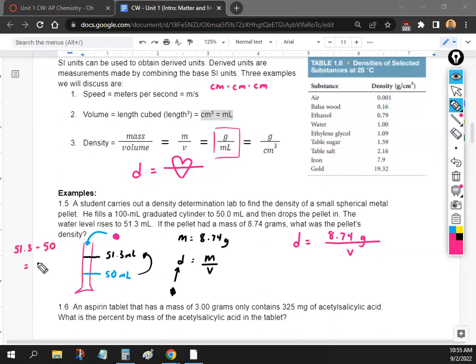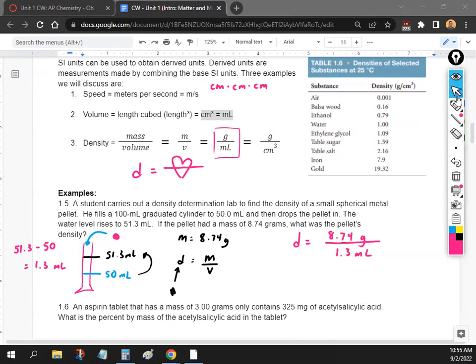That's a pretty simple calculation. So 1.3. When you put the pellet in, the water level goes up 1.3, which means the pellet has a volume of 1.3 milliliters. So we can replace this right here with 1.3 milliliters. Any questions about that process? How we got volume?